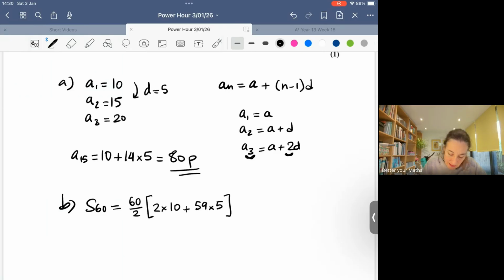Sn is n over 2 times 2a plus n minus 1 times d, and it's in the formula booklets, don't worry. So we find this, please do it with me.